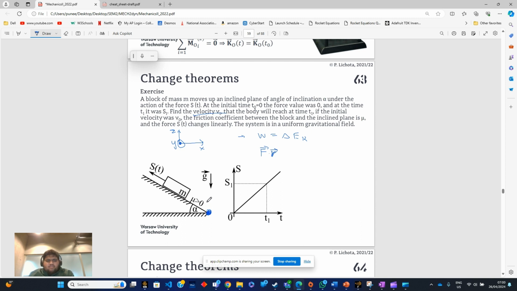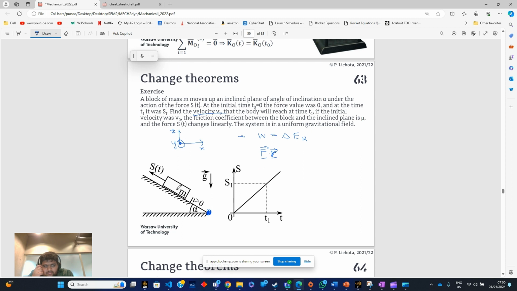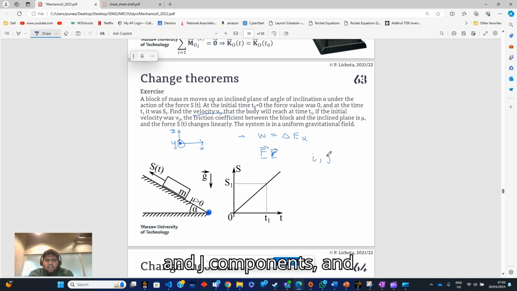We can perhaps solve this next video, and you have to look at what force is essentially doing the work, because you have your motion in two components, I and J, and you also have forces acting in two components.